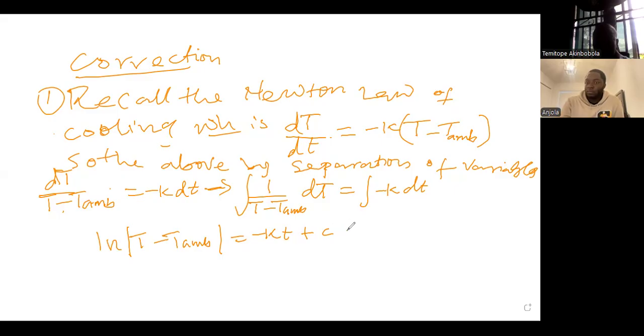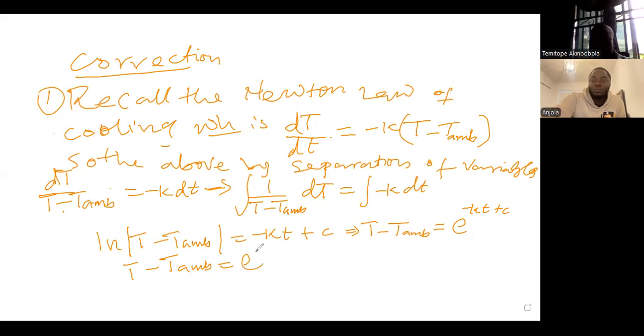Now make T minus T amb equal to e raised to power minus kt plus c, which is T minus T amb equals e raised to power minus kt times e raised to power c.